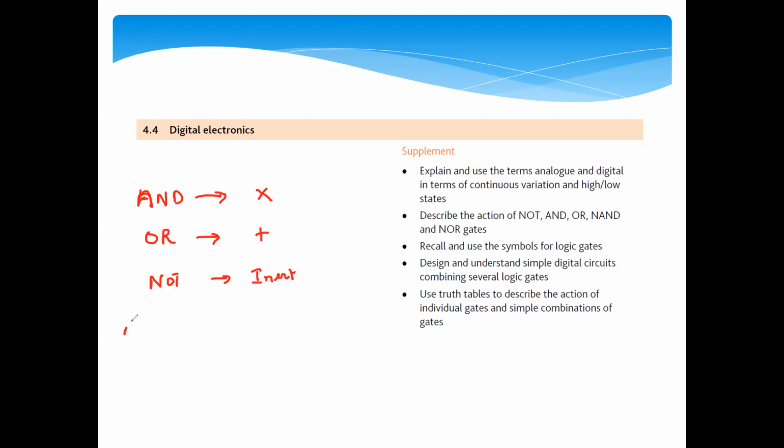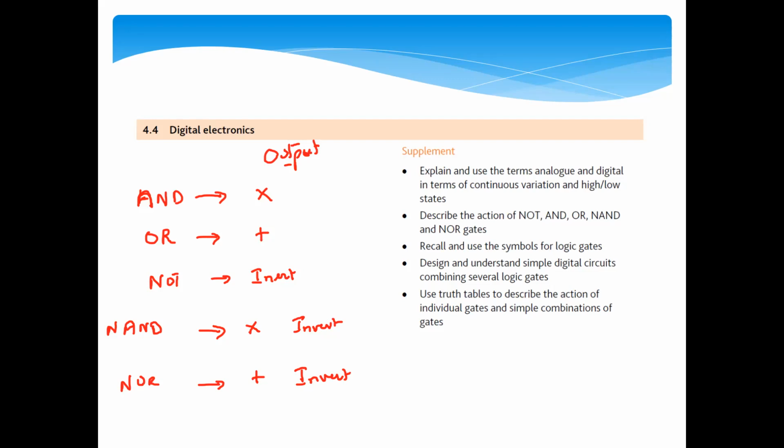If it is a NAND gate, how do we get the result? By multiplication and then invert. And if it's a NOR gate, how do we get the result? First by addition and then invert. So this is how we get the outputs of these logic gates.